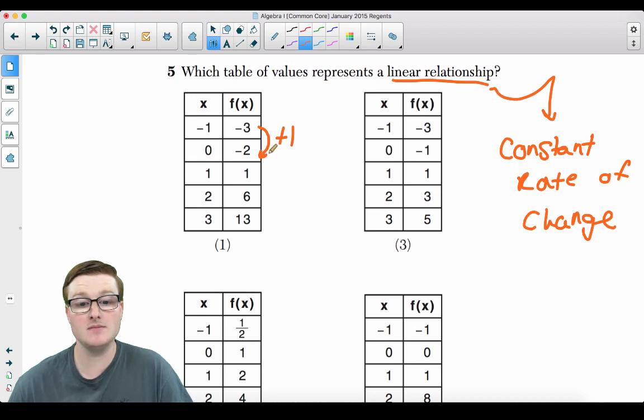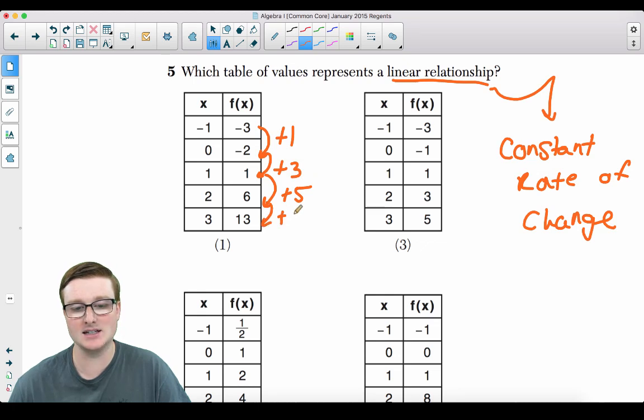To get from negative 2 to 1, we added the number 3. And then you keep going, you add 5, and then you add, looks like 7. So this is not linear because it is not equal differences over time. You're adding by 1, 3, 5, 7. It's not a constant rate of change.